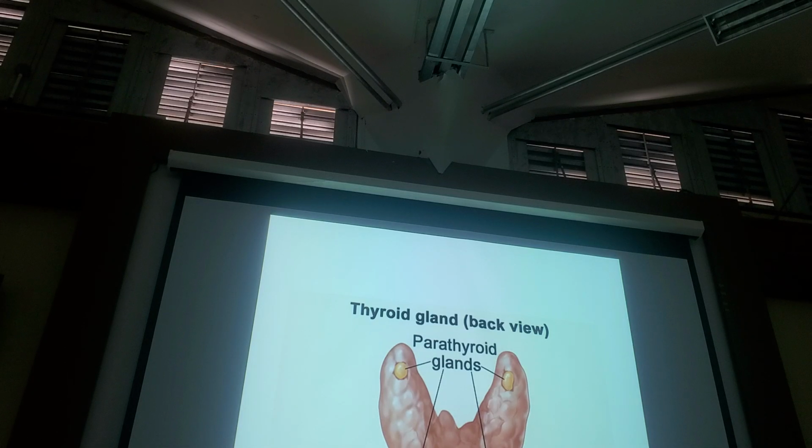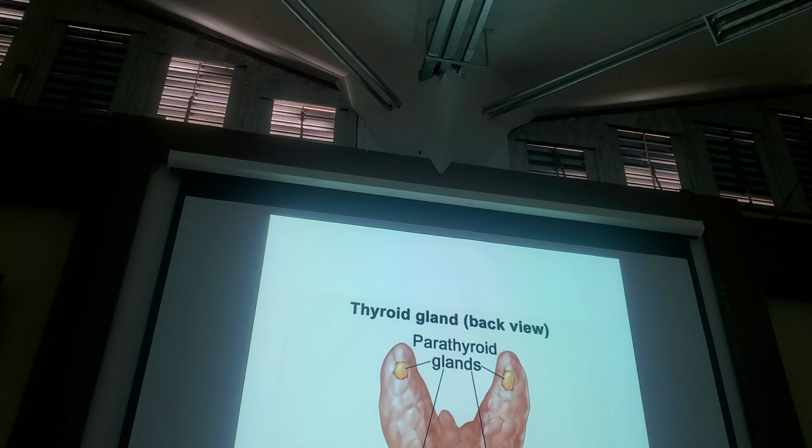What are the functions of the chief cells? To produce parathyroid hormone. Oxyphilic cells? No use. They're just there. Well, their functions are not quite clear, but they are thought to be involved in storage and in energy production.